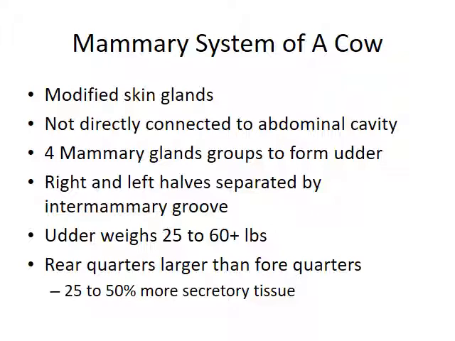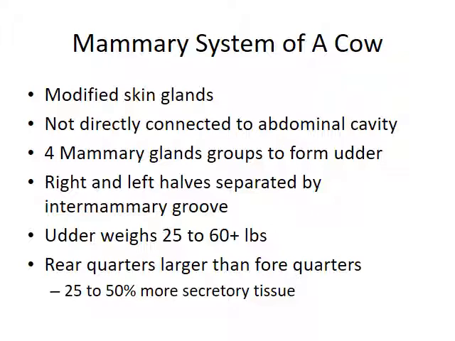So in theory, if you infuse something in one quarter, it's not going to come out another quarter unless it diffuses through the body. There's not a continuous connection. Whatever milk is produced in a quarter will only exit from that quarter. They do not have trans milk going from one quarter to another.